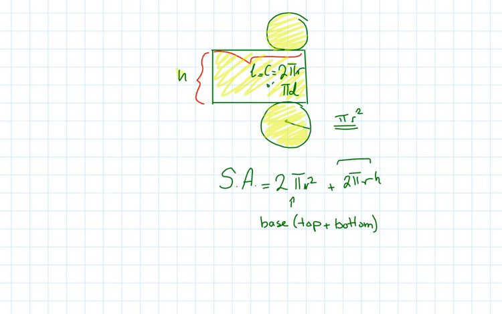So that's the length, and this is the width technically. This would be the formula that you would use to measure the surface area of a cylinder. So let's look at the example.